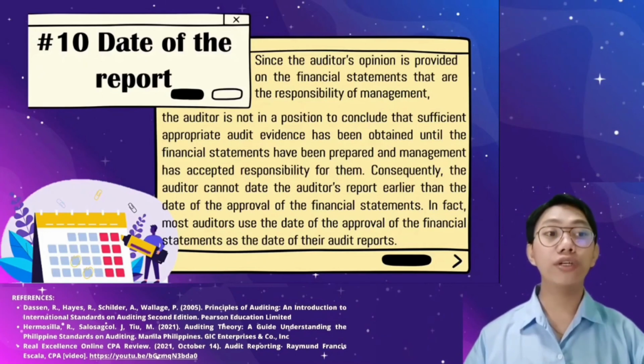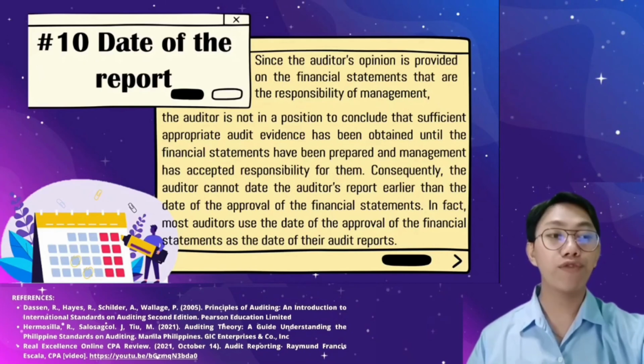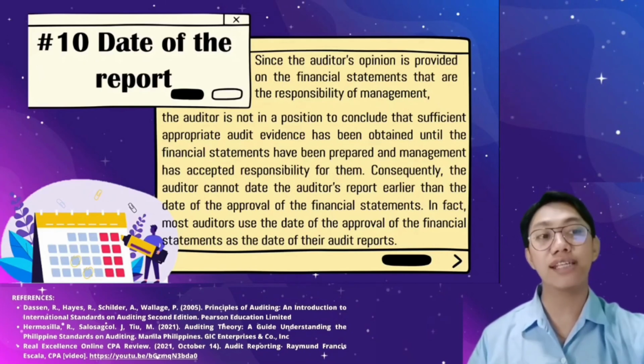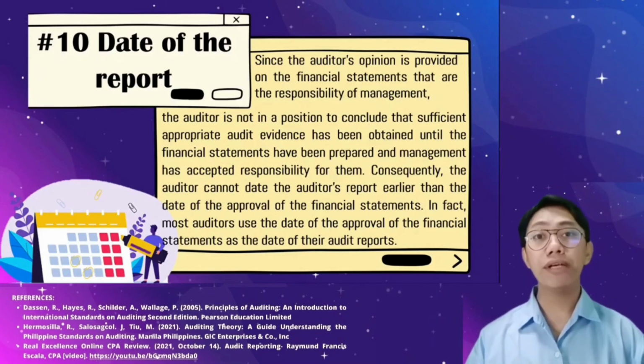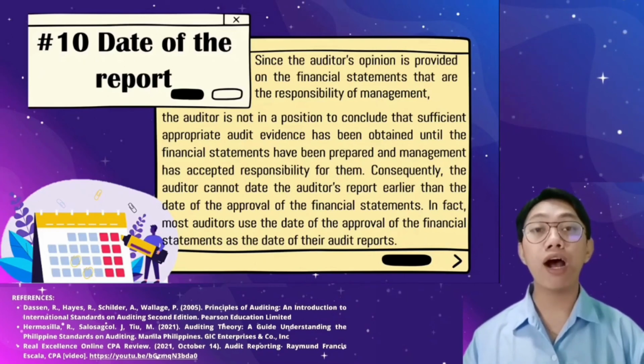Consequently, the auditor cannot date the auditor's report earlier than the date of the approval of the financial statements. In fact, most auditors use the date of the approval of the financial statements as the date of their audit report.